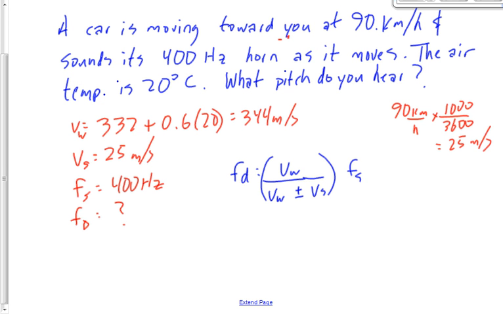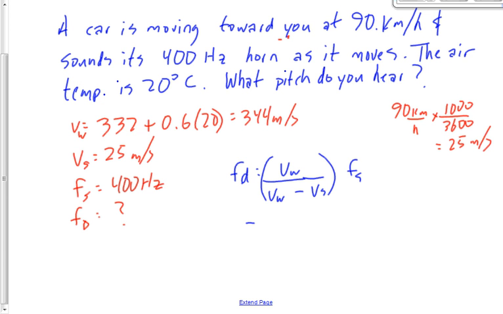What do you want to use, a plus or minus on the bottom? It's coming towards us. We expect a pitch that is higher than what it really is. So if we want a bigger value of FD, we want a smaller value on the bottom here. Bart, how do we get a smaller value on the bottom using a plus or minus? Minus. So let's take out that plus and just make it VW minus VS.